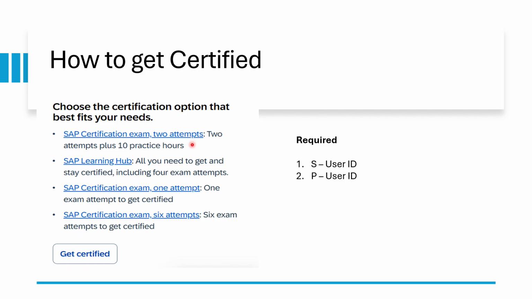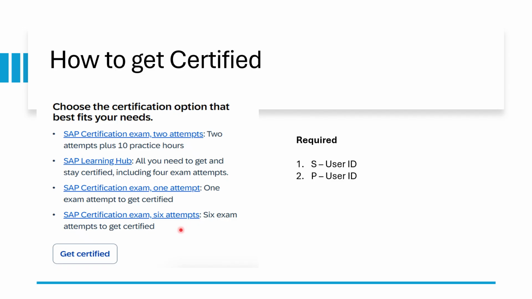Now suppose in the first attempt I was able to clear the exam, then I have one more attempt. With that one more attempt, I can do any other certification. So with six attempts, if you pass every examination with one attempt, you will be able to get six certificates. So this is how it works.